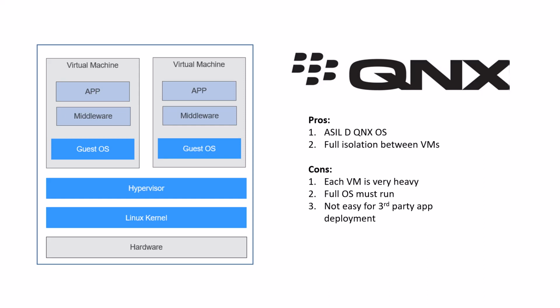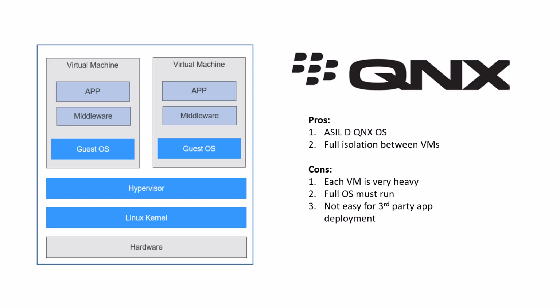To do that, you have to spawn two different virtual machines. Both, for example, can be Ubuntu. Each of these Ubuntu will consume at least 1 to 2 GB of space for the installation of the VM. On top of it, you will be running a C++ app over here, and similarly you will be running almost a 2 GB OS over here and a 50 MB Python app over here, which makes no sense.